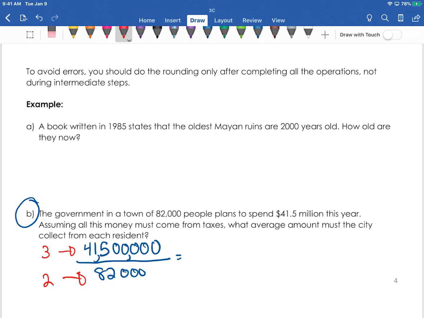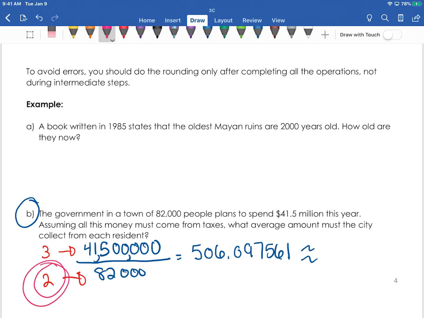Okay, so if I take 41,500,000 and divide by 82,000, that's going to give me an answer of 506.097561. But we need to approximate it using two significant digits because this is the smaller of the two.